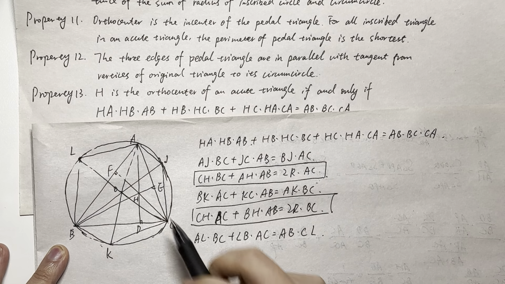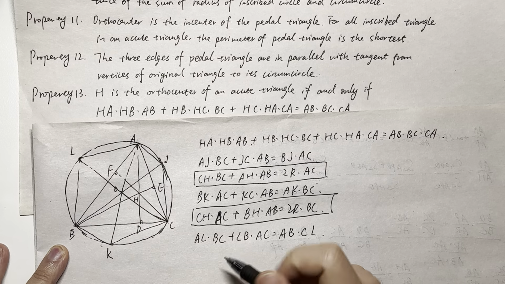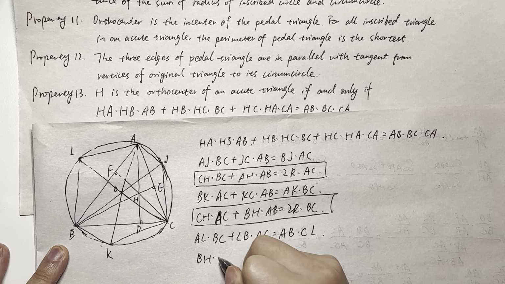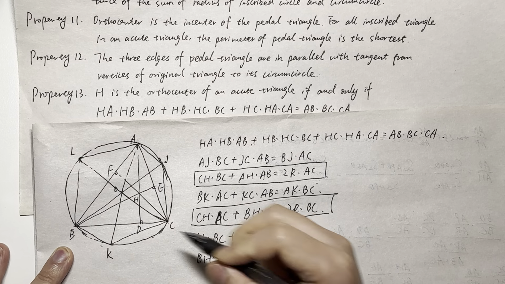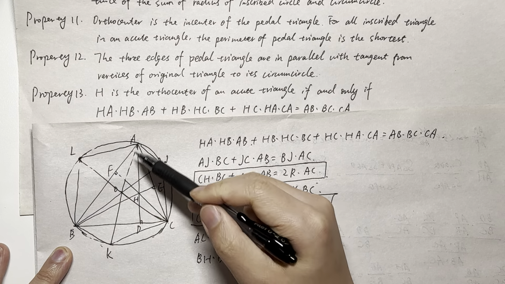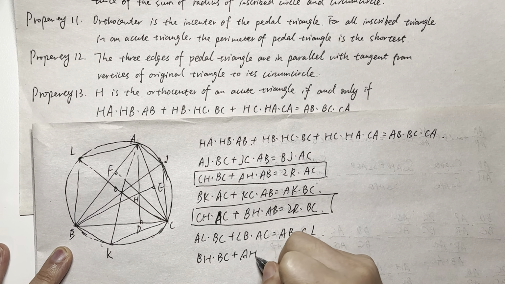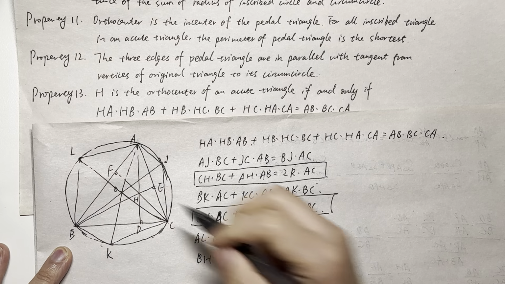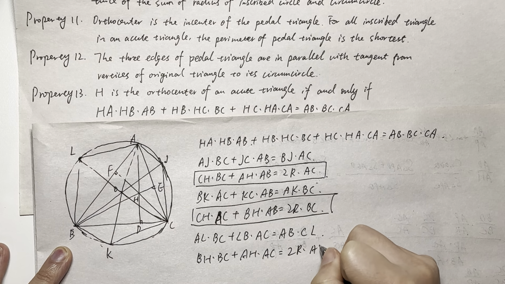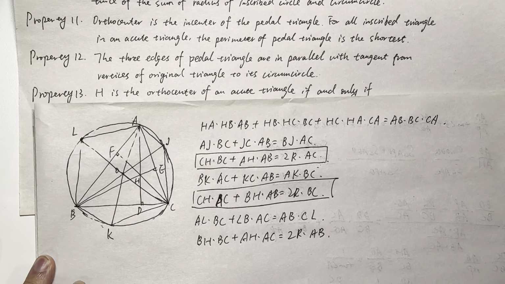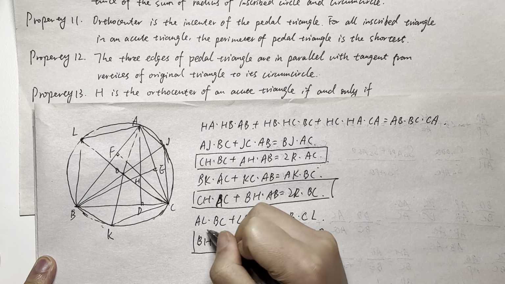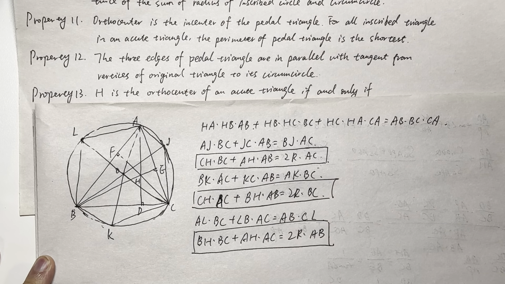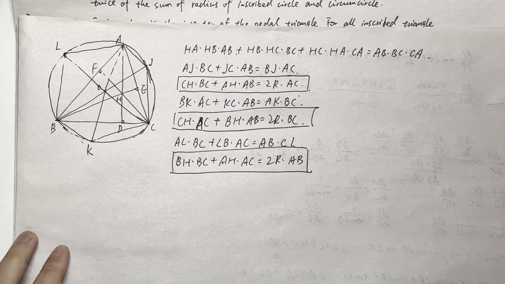And AL equals BH, so BH times BC plus AH times AC equals CL, that is 2R times AB, right? We have these three equations here.